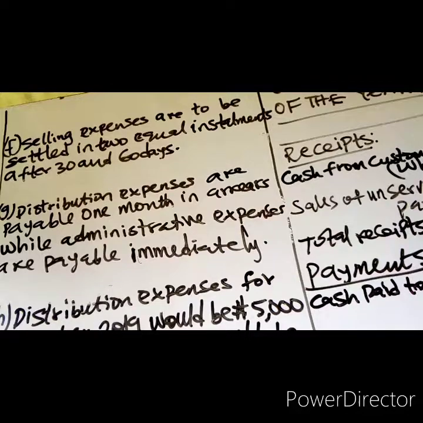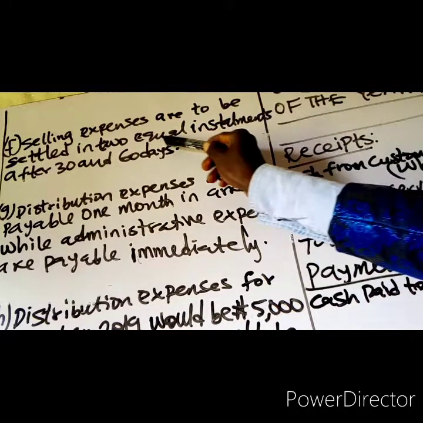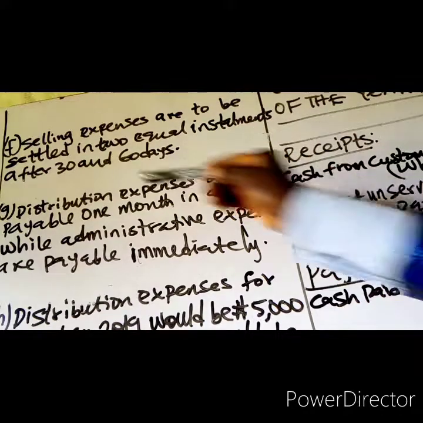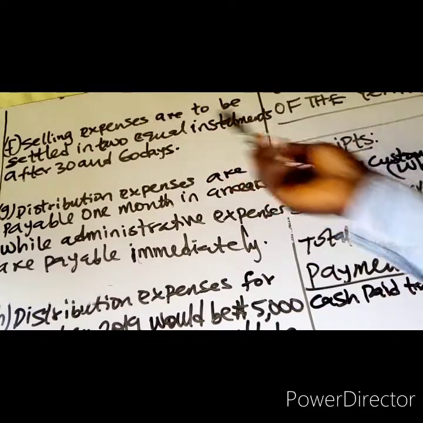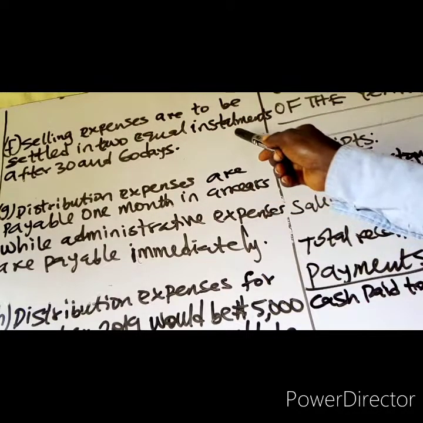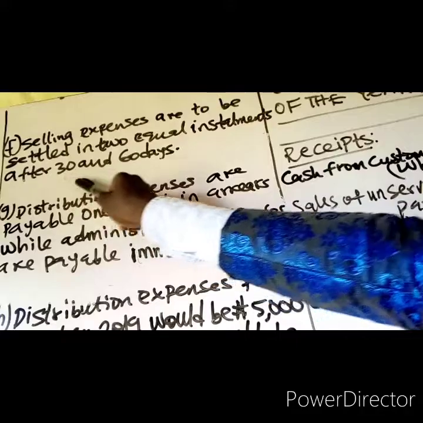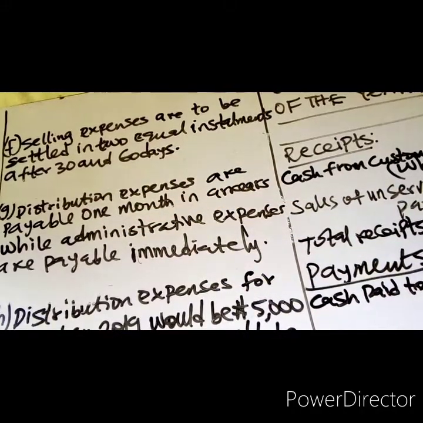Selling expenses are to be settled in 2 equal installments after 30 and 60 days. Working 3.